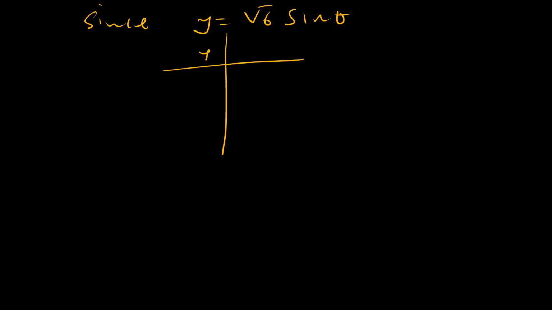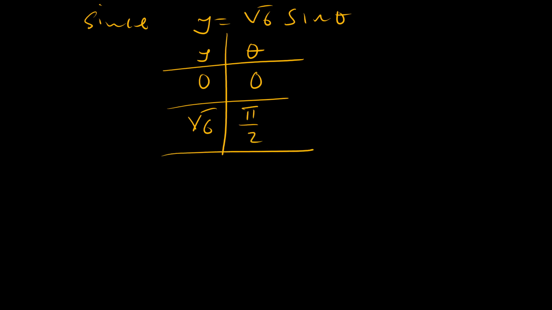Now, since y is equal to root 6 sine theta, in the theta domain, when y is 0, 0 divided by root 6 is 0, arc sine of 0 is 0. When y is root 6 at the upper limit, root 6 divided by root 6 is 1, so arc sine of 1 is pi over 2.